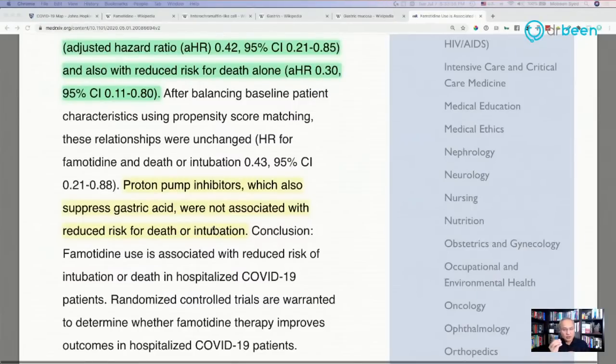It is famotidine's own function, some unknown function that is related to the reduced risk of death or intubation in COVID-19. What the exact mechanism is, is not known. So they have said this over here categorically: proton pump inhibitors, which also suppress gastric acids, were not associated with reduced risk of death or intubation.